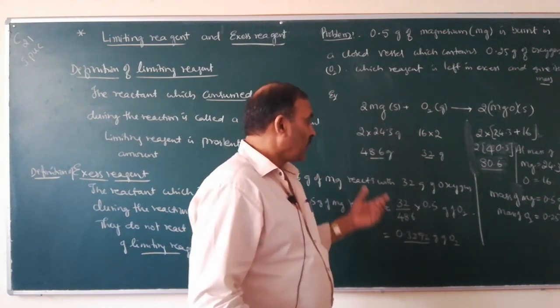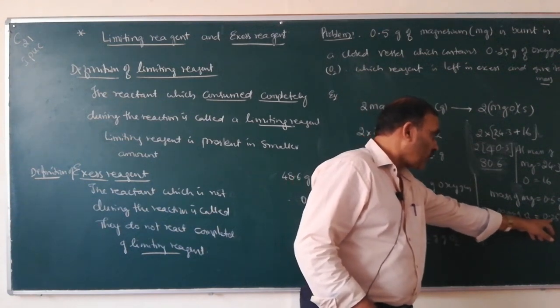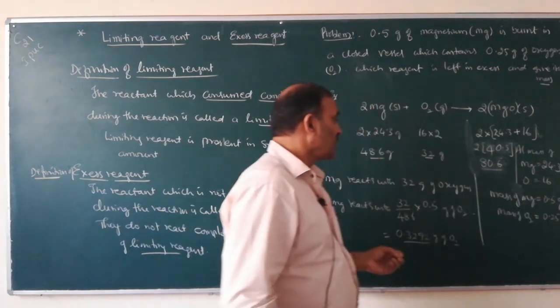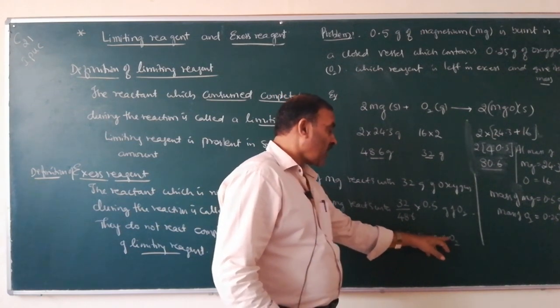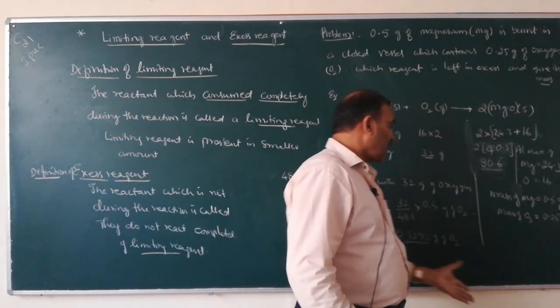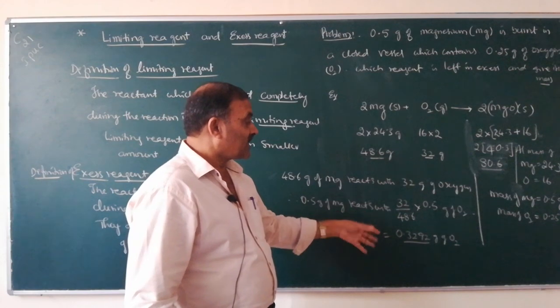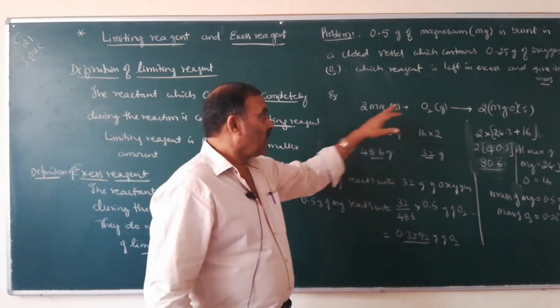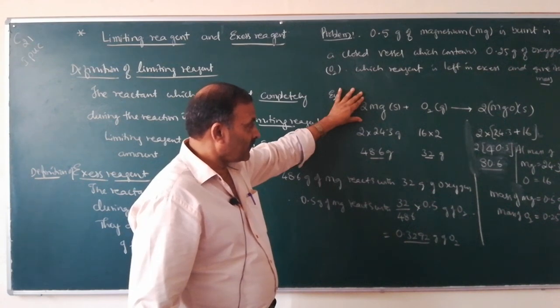But what is the mass of oxygen we have? We have only 0.25 gram. So we need 0.3292 gram of oxygen, but we have only 0.25 gram. So here oxygen is the limiting reagent, whereas magnesium is the excess reagent.